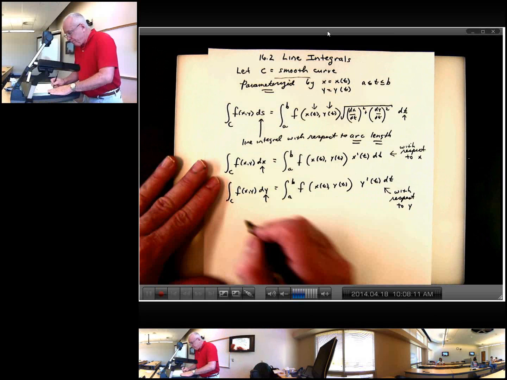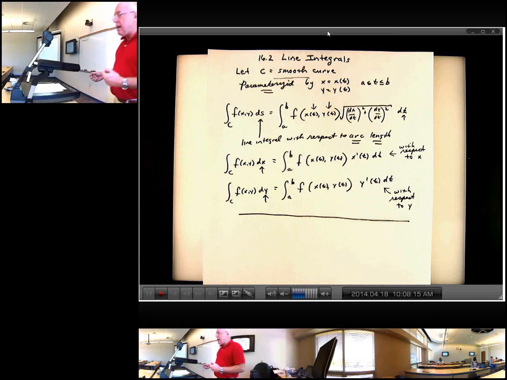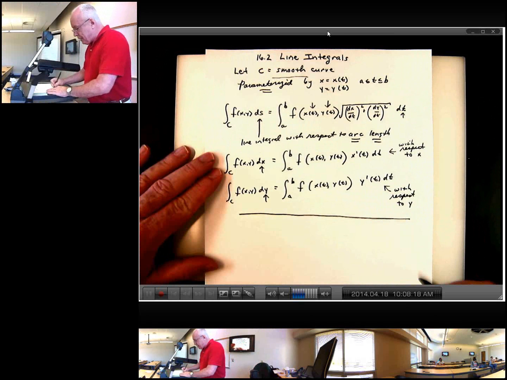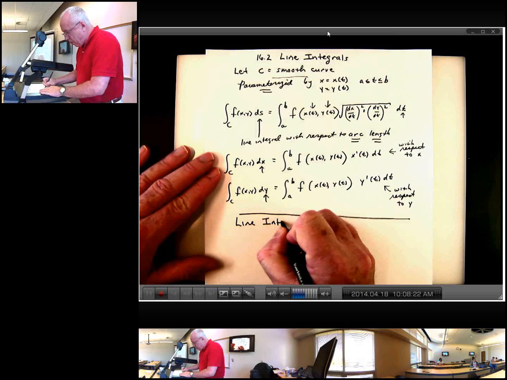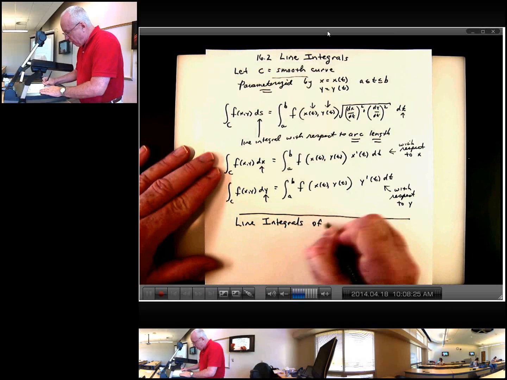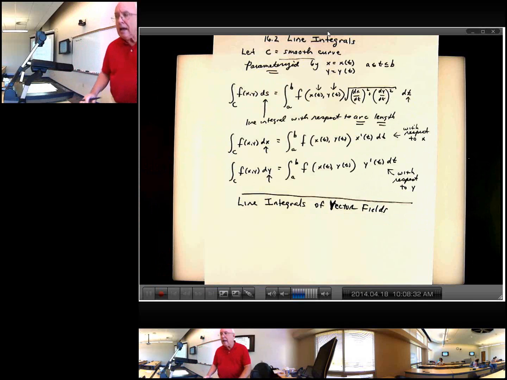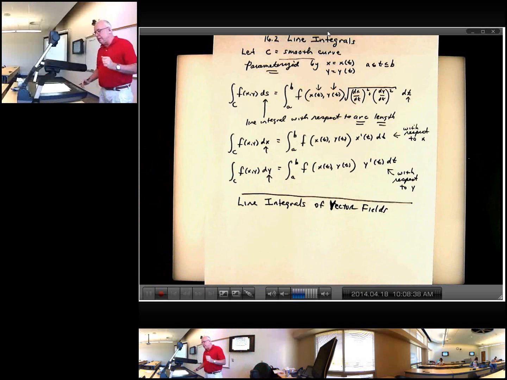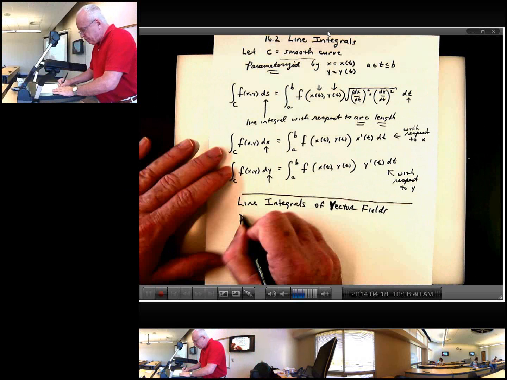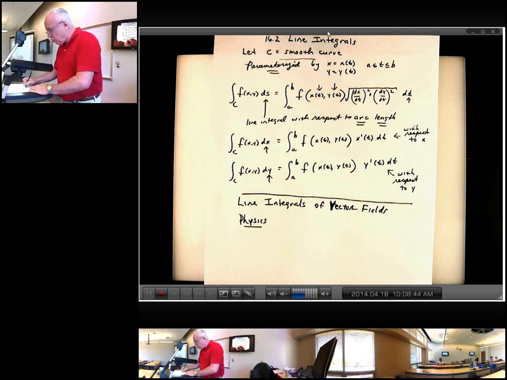All right. So what we're going to look at next is the next big topic, line integrals of vector fields. We had at least one homework with this, and this is from physics, where we have this concept called work.